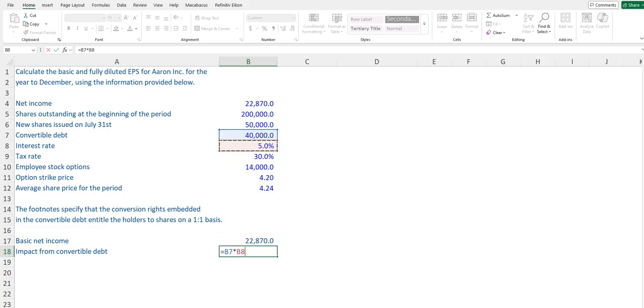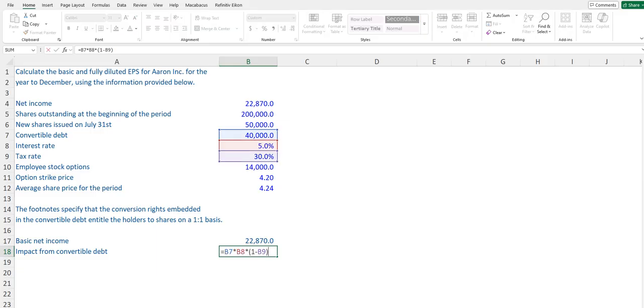So that's the coupon that we should pay to the bondholders. But since we assume that they are all going to convert the debt into shares, we don't have to pay the interest. So we add it back, but we deduct the tax expense. So 1 minus the tax rate, which is 30%, and that's the amount of money that you will get, 1,400.